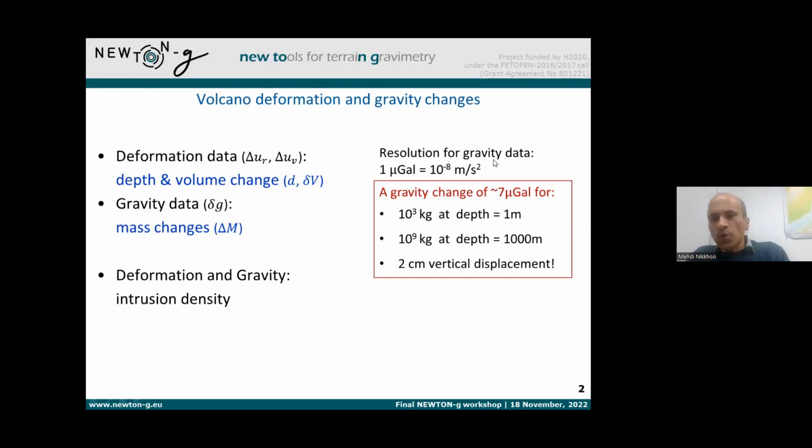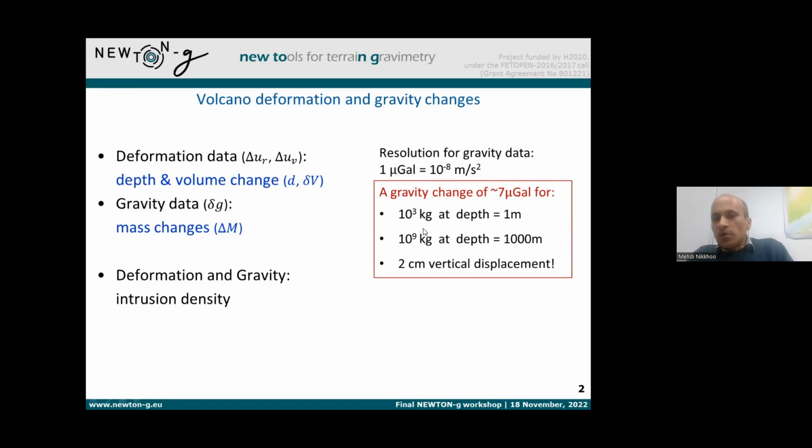We know that a resolution of 1 microgal for gravity data is achievable by using the sensors that we have now. So a gravity change of 7 microgal can be caused by 1,000 kilogram of added mass 1 meter exactly below a gravimeter.